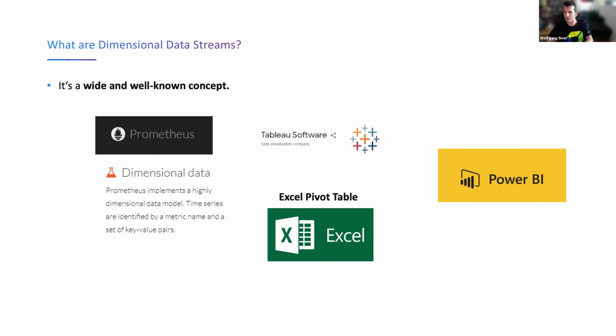That's pretty much the same as what we are doing on top of the dimensional data that is streaming into Dynatrace, except that Davis does that in an automatic and real-time fashion.